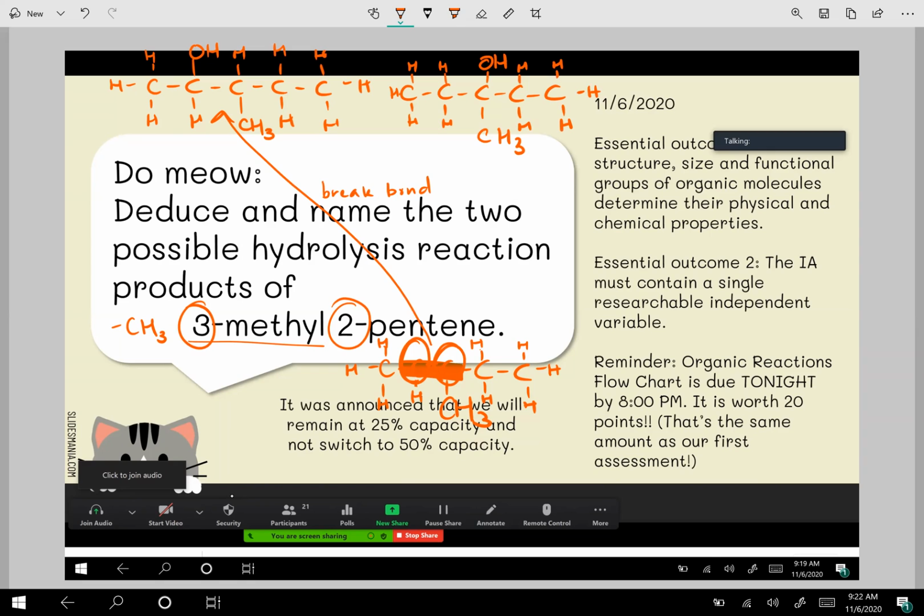And I saw lots of correct answers in the chat. We've got a 1, 2 with my OH there, but each of them has this 3-methyl, so we'll start there. 3-methyl, 3-methyl, nothing changed with it.